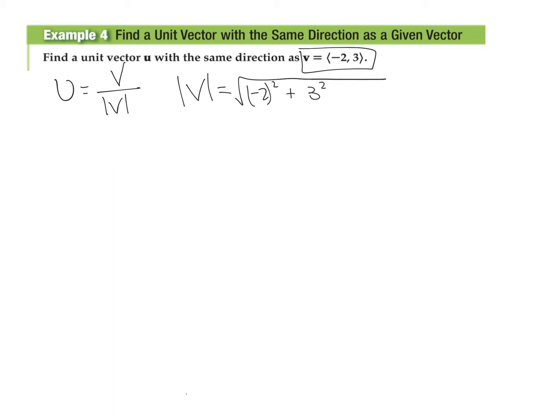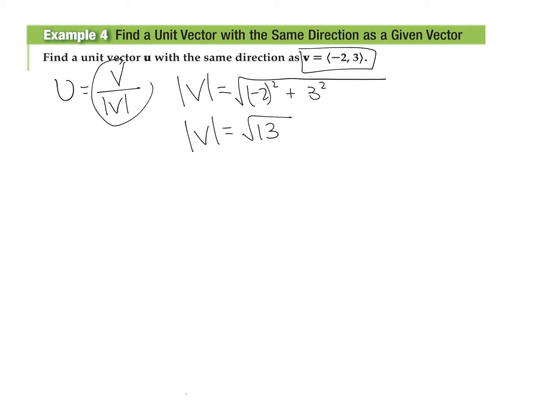We're not doing anything else. It's like a basic Pythagorean theorem. So the magnitude of vector v is going to come out to be the square root of 13.